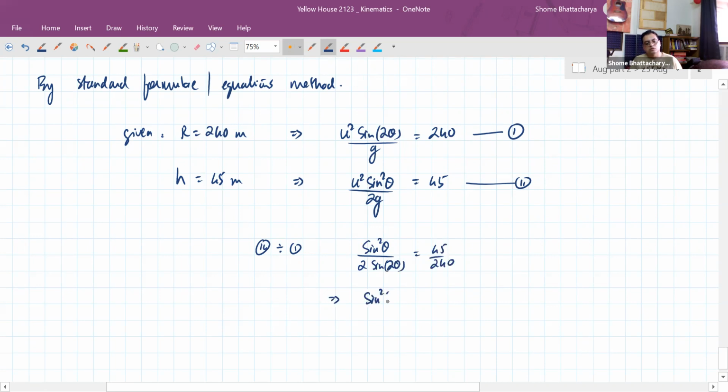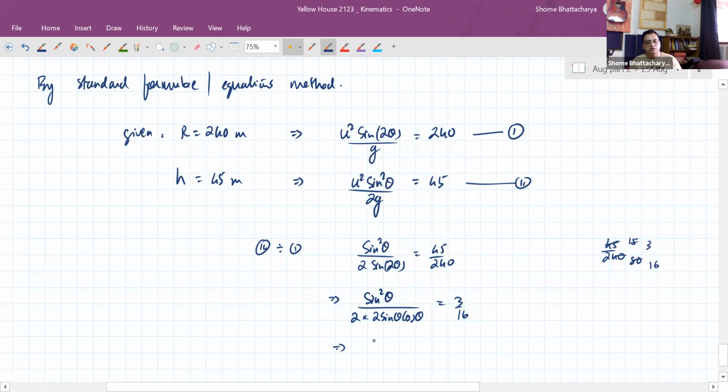So sine square theta divided by 2 times 2 sine theta cos theta would have been, so this is how much now, 45 by 240, divided by 3 by 5, 16.